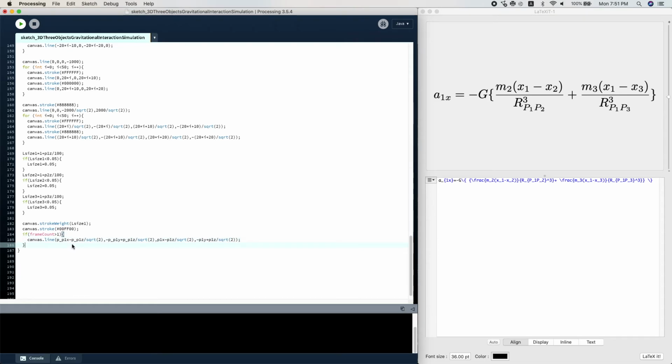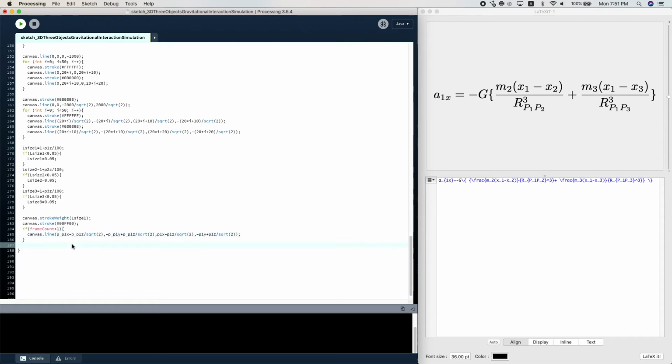Yeah, and then I'm going to also draw a point so that there's no confusion. So I'm going to draw a canvas point, and say p1, that's going to be our current point, so p1x minus p1z divided by square root of 2, comma, minus p1y plus p1z divided by square root of 2.